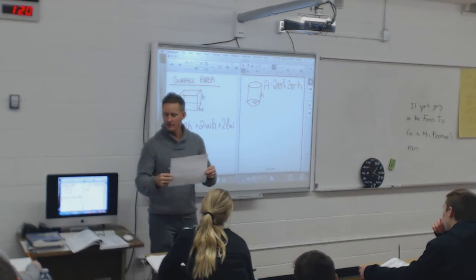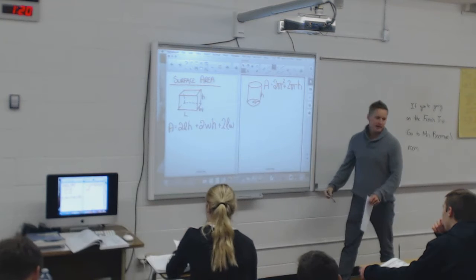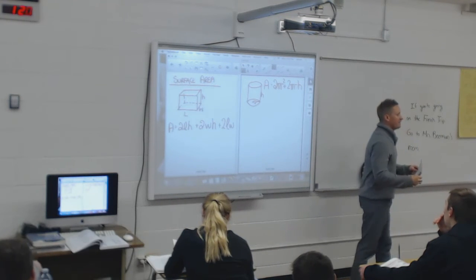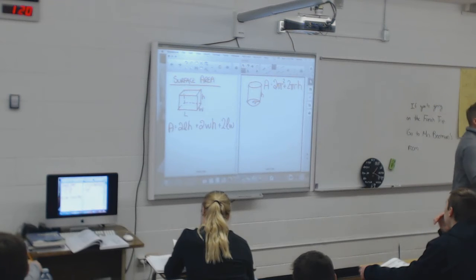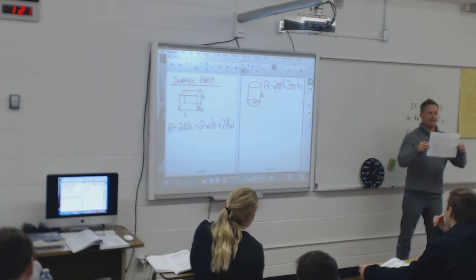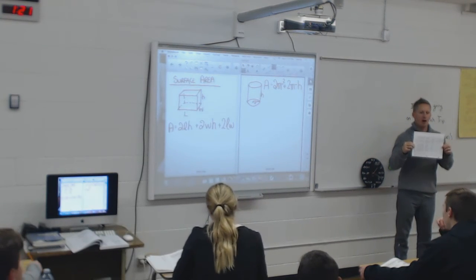So far, so good? Now, again, I need to know the radius or the height in order to do that. If it says find the lateral surface area of the can, that is just the label itself. You don't include the top and bottom.